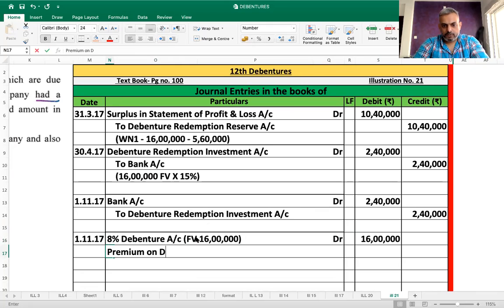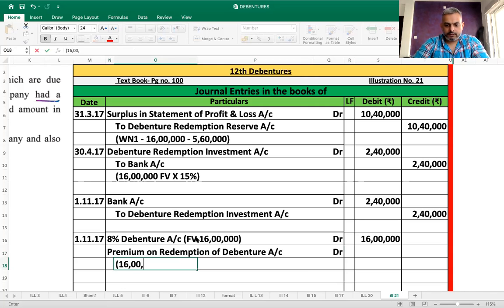Premium on redemption of debenture, 16 lakh face value into 5% premium.